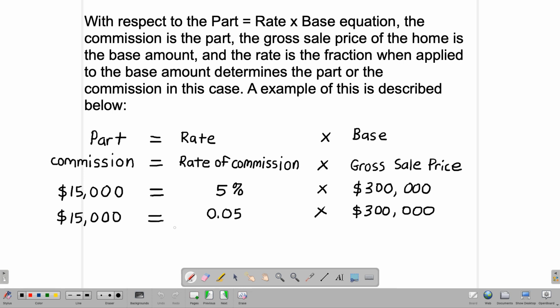Say we have a house that's valued at $300,000. If a sales agent says they're going to receive a 5% commission based on a $300,000 home and a 5% commission contract, the commission for that sale would be $15,000. So we have here part equals rate times base.